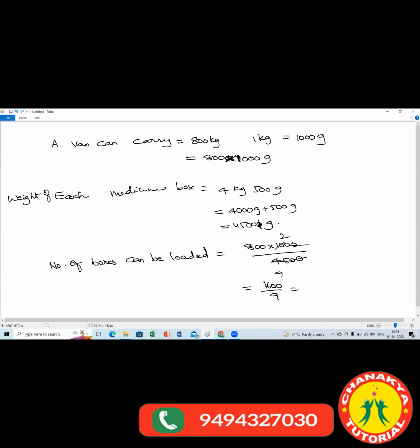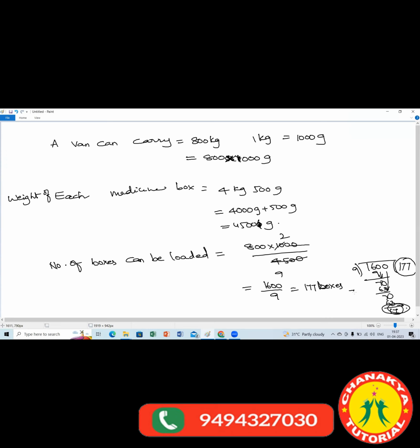If you divide by 9 tables, you can easily find how many boxes it can carry. 9 ones are 9, bring down 0, 9, 63, 7. So the number of boxes that can be carried is 177, and the leftover part, if they ask, is 7 grams.